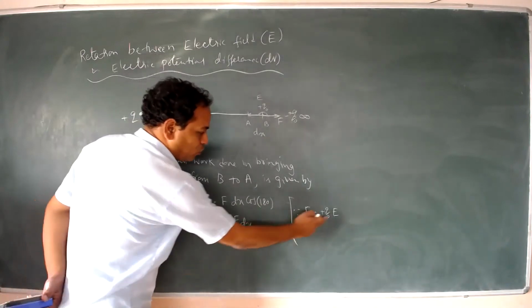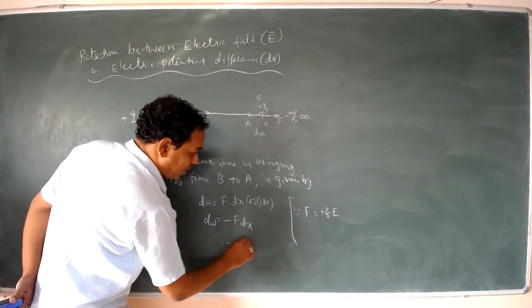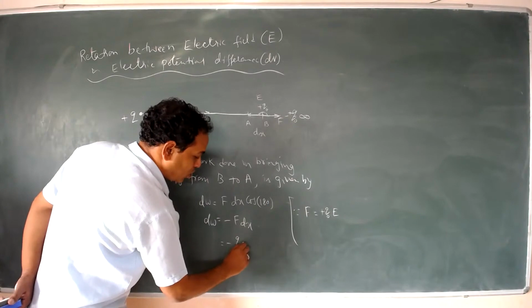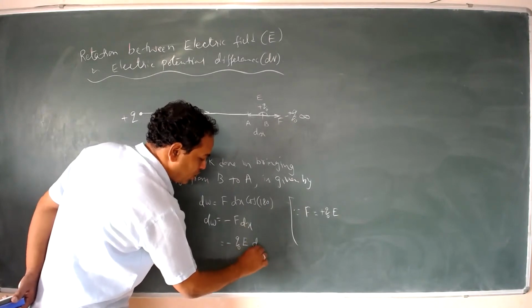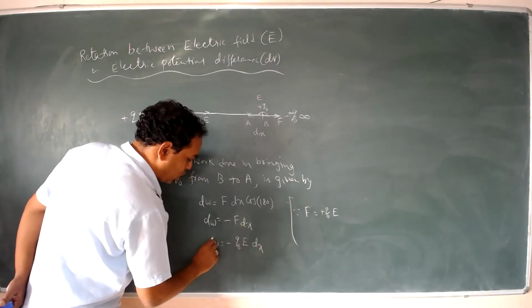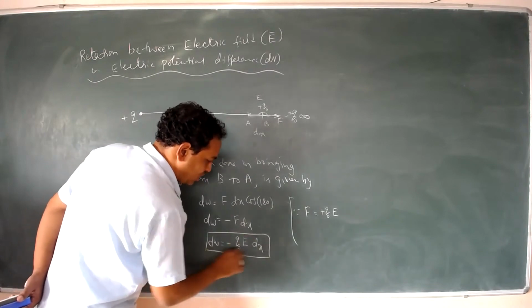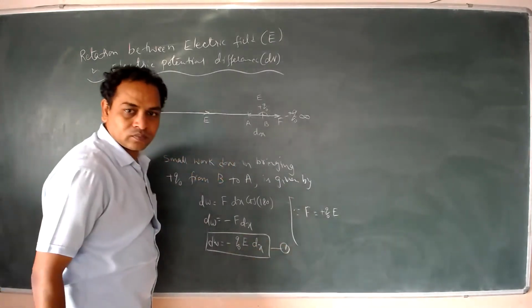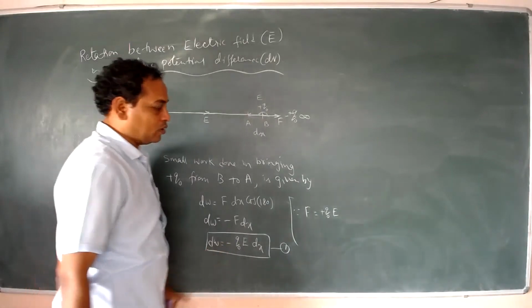So instead of this force I will substitute here, that means minus of Q naught into E into dx. So this is called work done. Say this as equation 1.